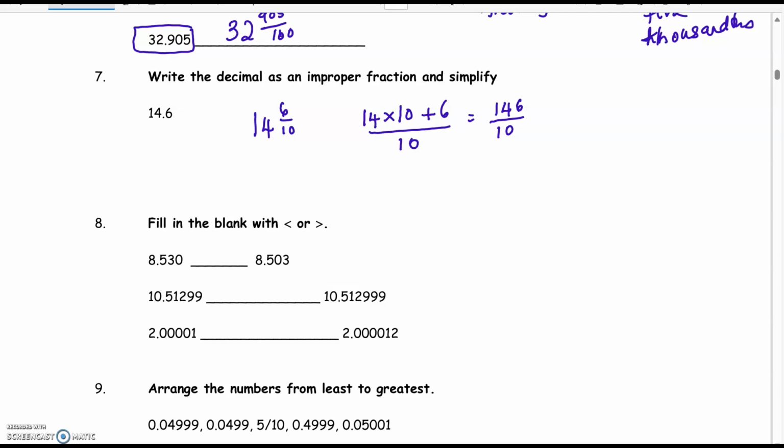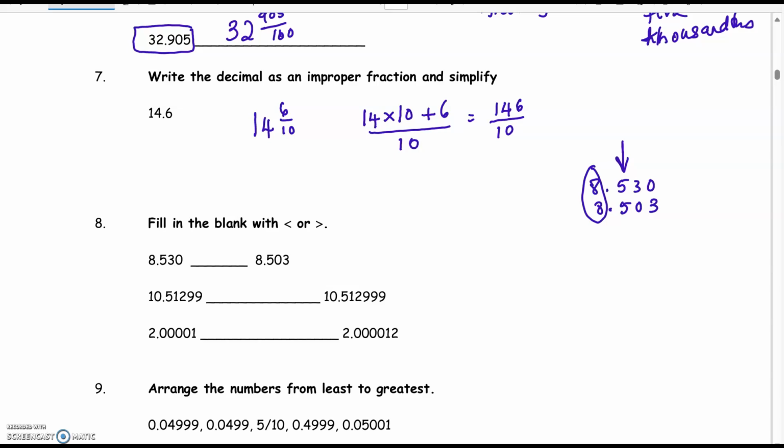Okay. Now, when we see numbers presented in the decimal form, we have to be able to say which one is greater, right? So if we have 8.530 and 8.503, if the whole numbers are the same, then we look at the decimal part.